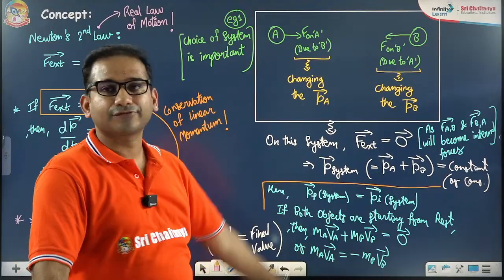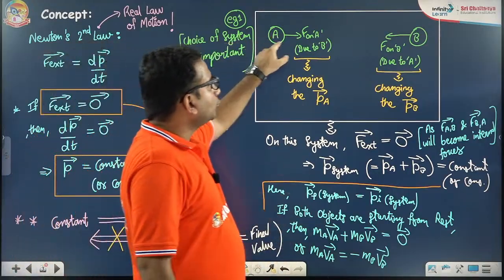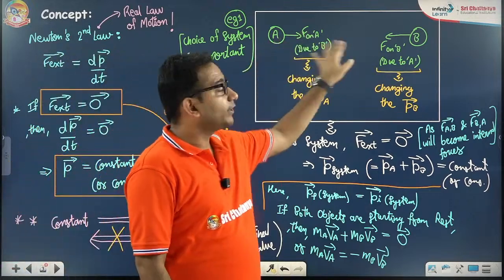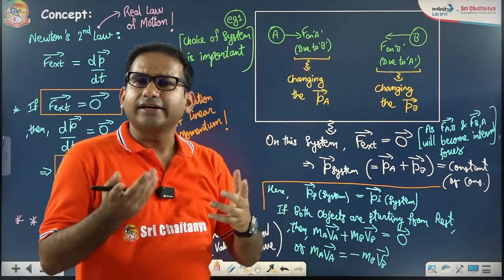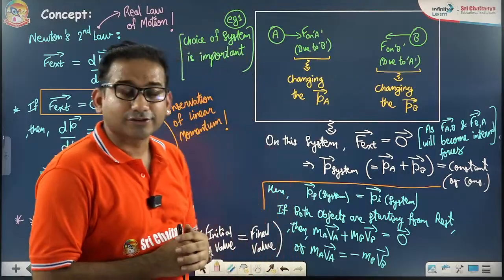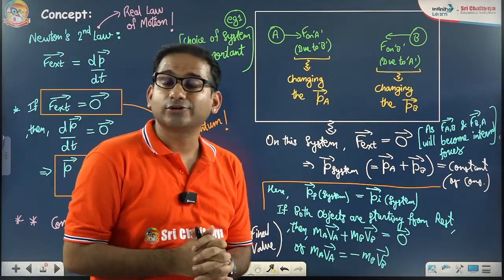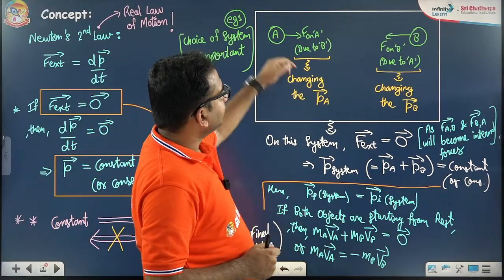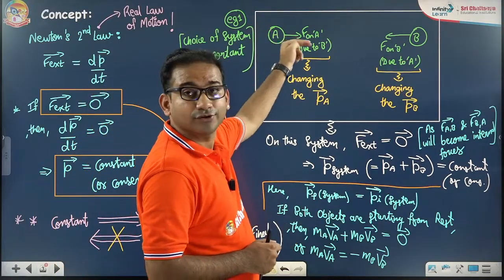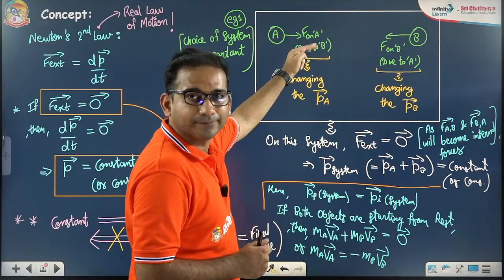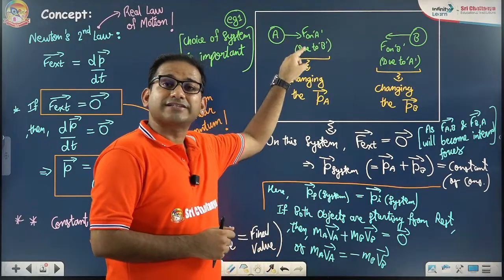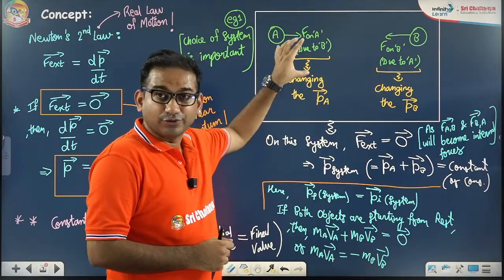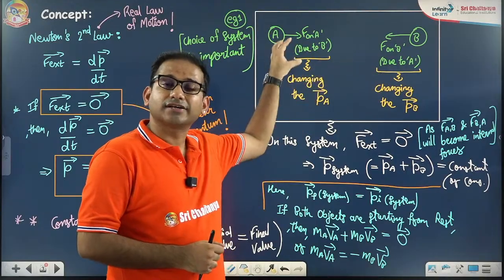For example, that is in front of you. If there are two bodies A and B, and I have written choice of system is very important. If there are two bodies A and B under, say, mutual gravitational interaction, they are attracting each other. Two masses will always attract each other. Gravity. So gravitation. So here I will say that this force on A due to B is acting on A externally.